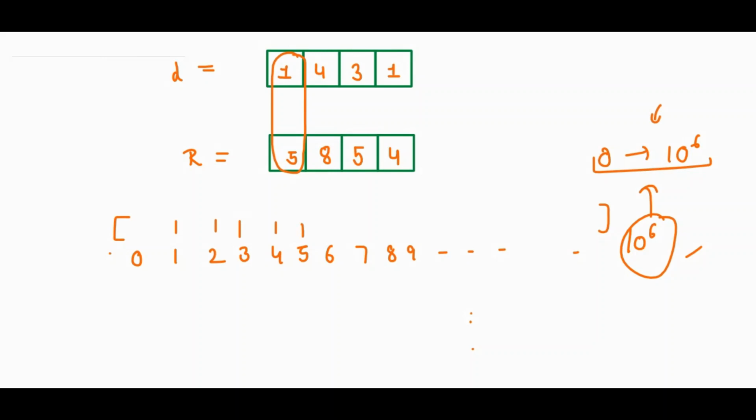As I have done in the hash map, I am using an array instead of a hash map. Okay, I will tell you how I can improve the time complexity, but right now let's see what I am doing. So first of all, I will use this array same as the hash map. I will put the frequency of elements of each range in this array. So first I will go from 1 to 5 and I will put 1 there, because all the elements come only one time.